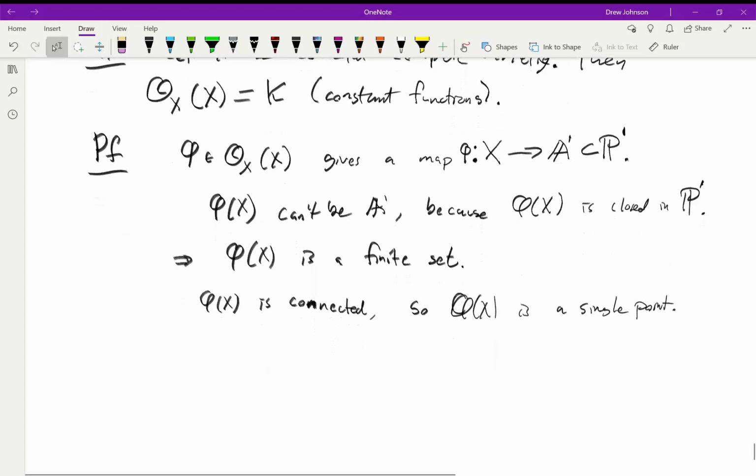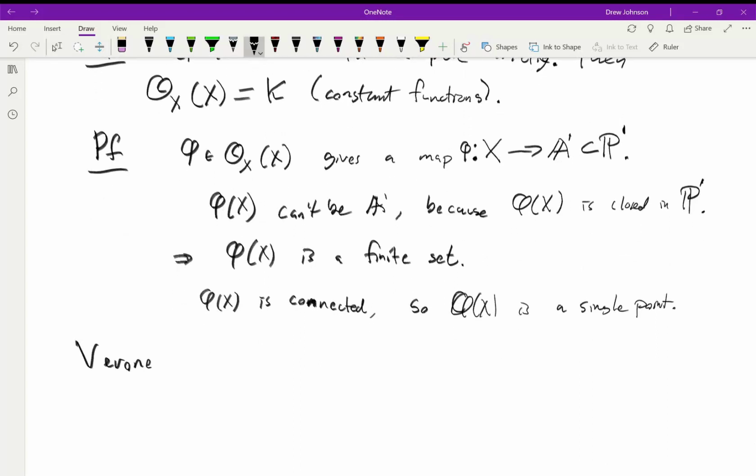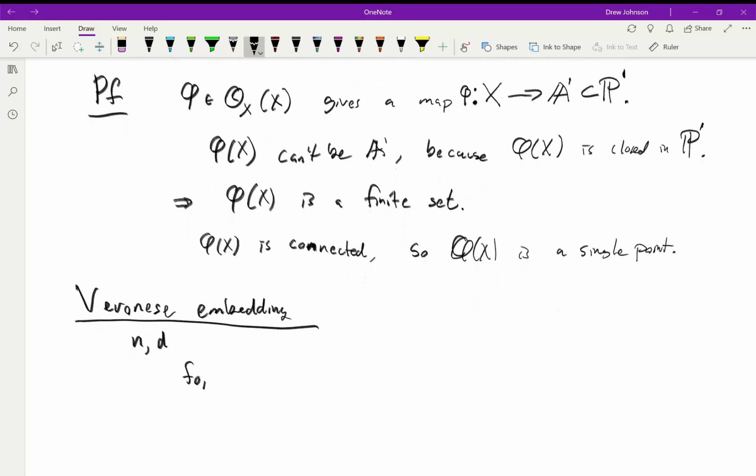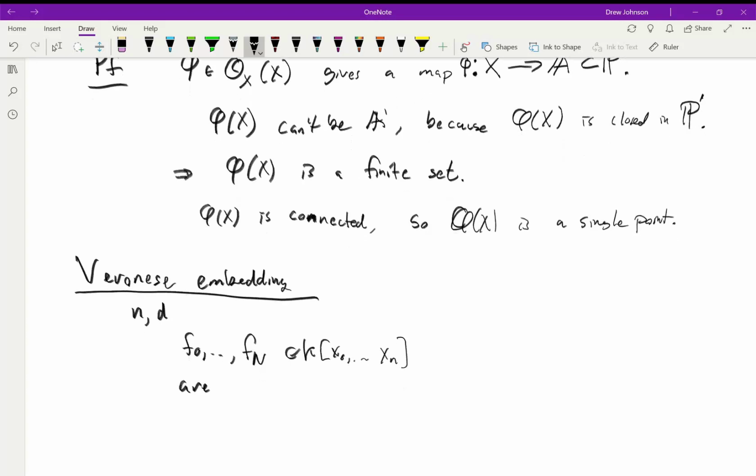All right, so now we're going to do another useful construction called the Veronese embedding. We're going to pick n and d, and we'll let F_0 through F_N be polynomials in the ring with n+1 variables. They are the (n+d choose n) monomials of degree d, and N is that number minus 1.